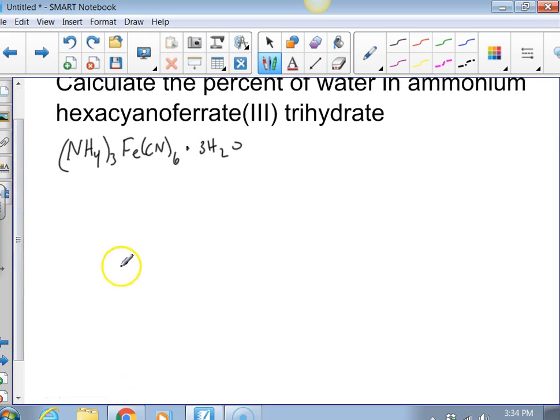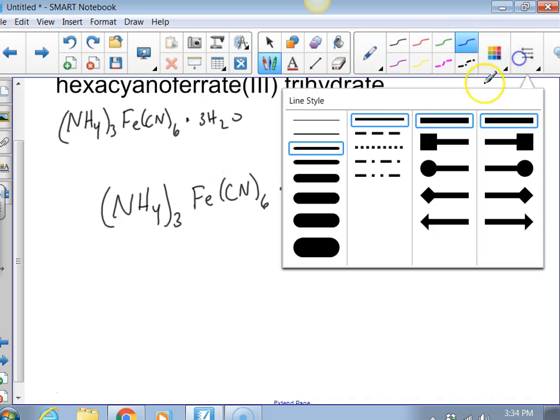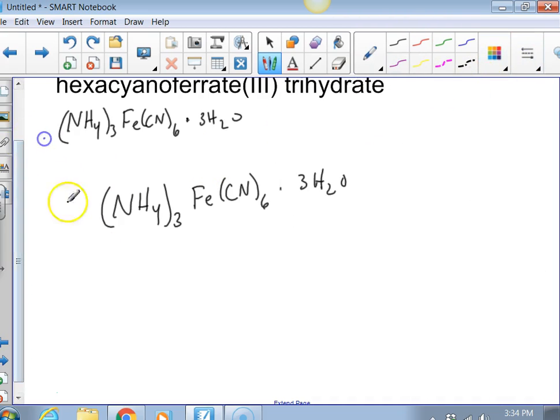So big compound. We need to get the mass for this. So I'm going to rewrite this. NH4, 3, Fe(CN)6, .3 H2O. Okay, so in putting this all together, we're going to have three nitrogens here.